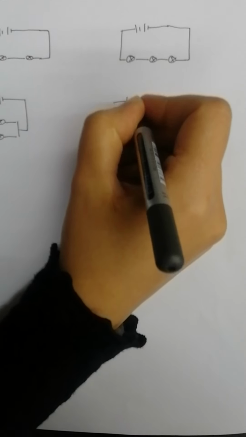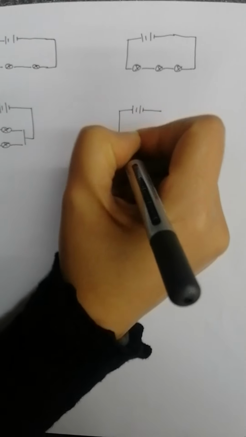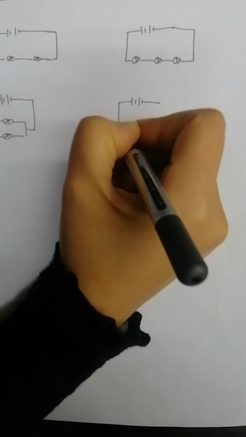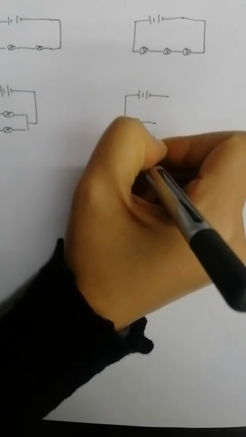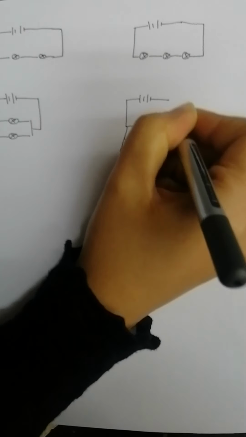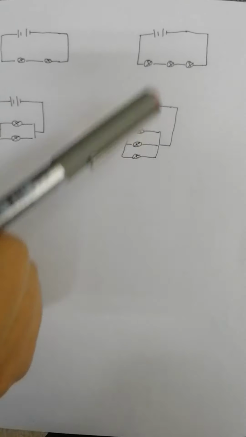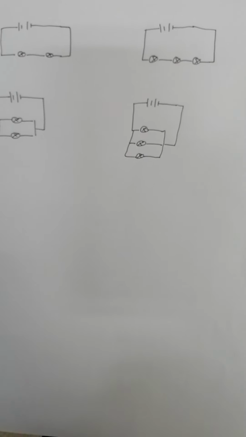The second circuit is a parallel circuit. Also here we will obtain the same brightness. The difference is between the 2 circuits, not between the bulbs in the same circuit.